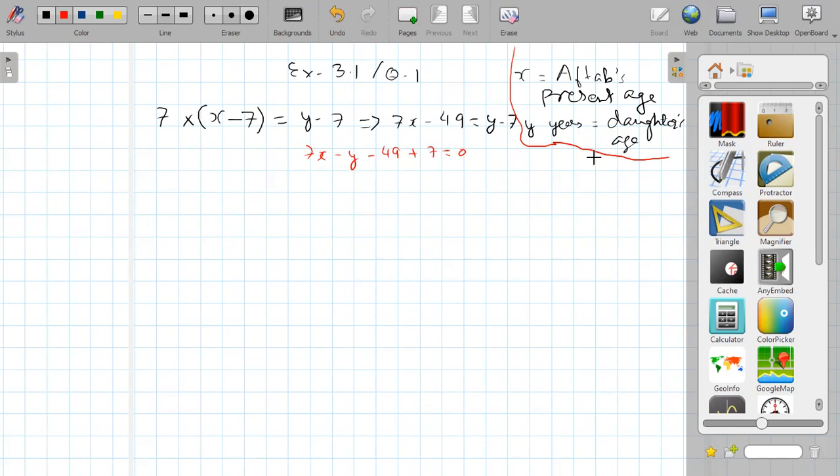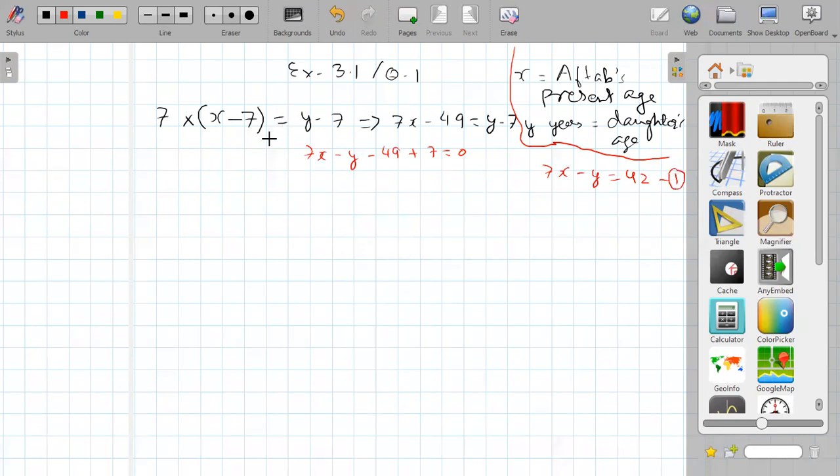So the first equation is 7x minus y is equal to 42. This is our equation number 1.